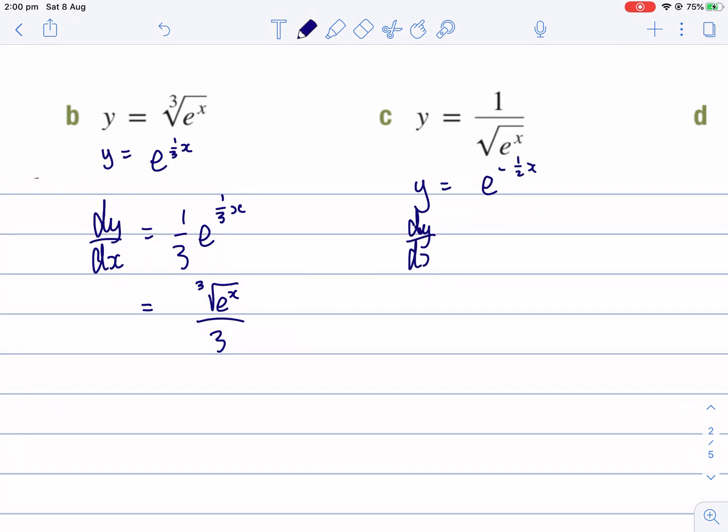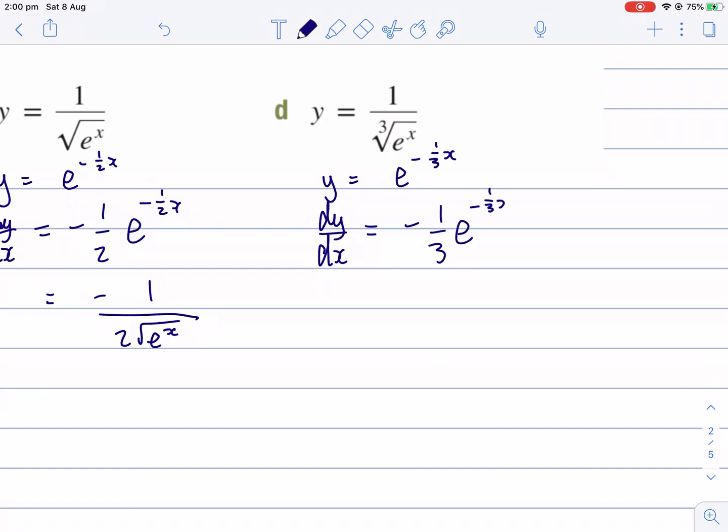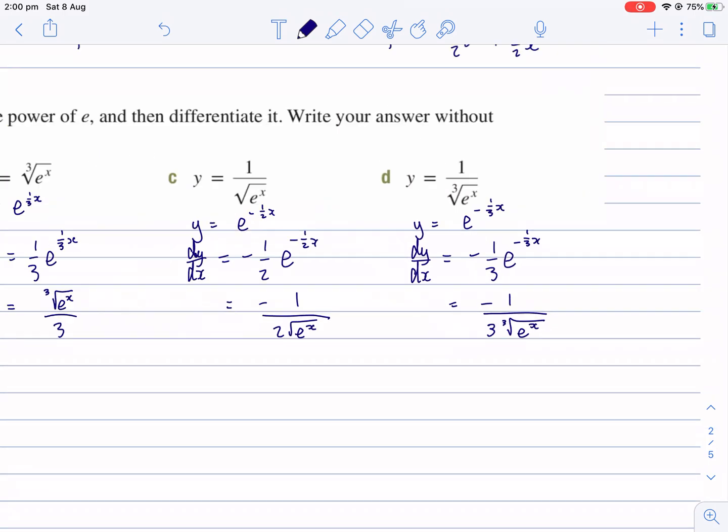So when we differentiate it, we've got negative 1/2 e to the negative 1/2 x, which means we've got negative 1/2 root e to the x. Last one, this is e to the negative 1/3 x. So dy/dx, negative 1/3 e to the negative 1/3 x. So we've got negative 1 on 3 times the cubed root of e to the x.